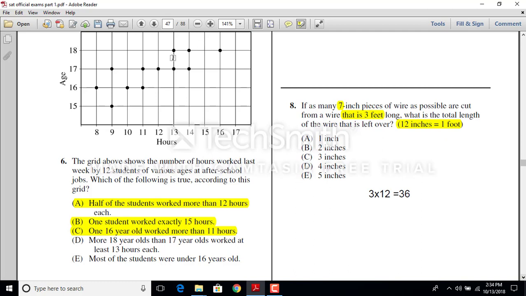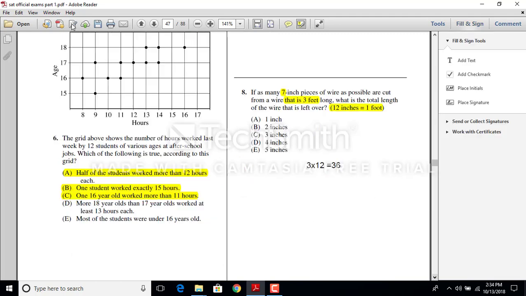One for 13, one for 14, one for 16. So does this answer match our situation? Yes, more 18-year-olds than 17-year-olds worked at least 13 hours. So the right answer will be, of course, D.